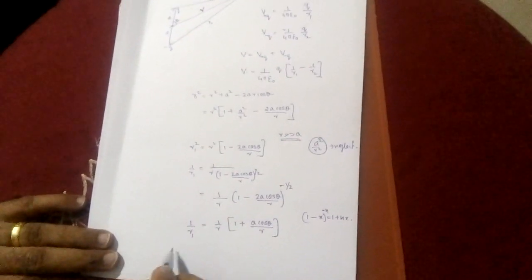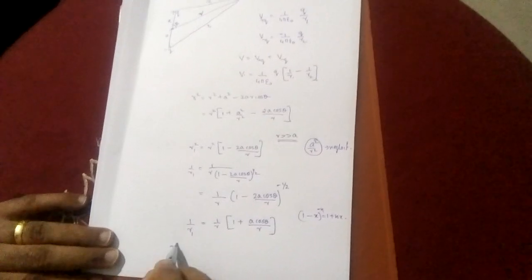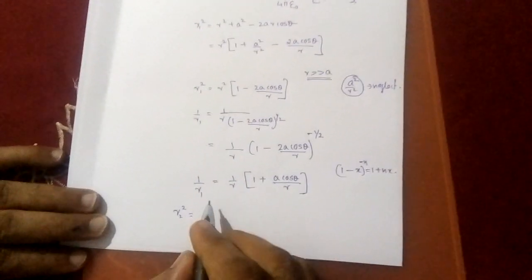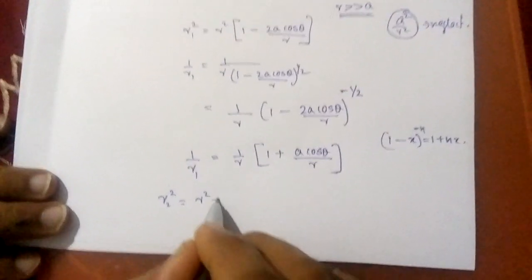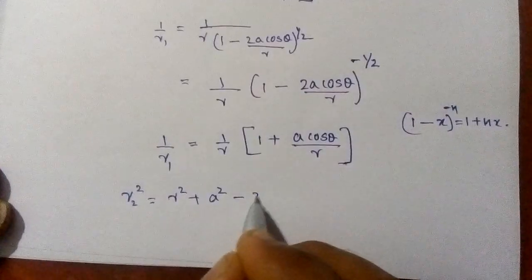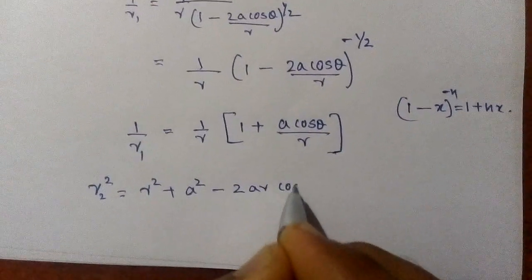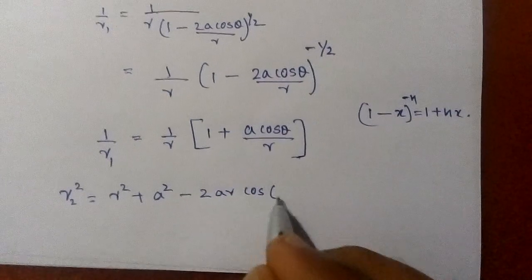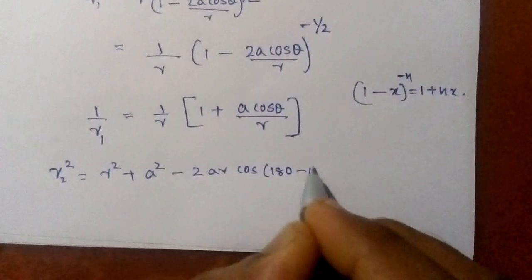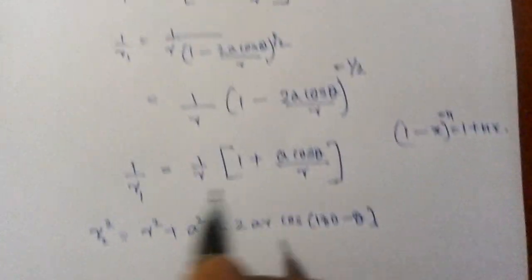Similarly, we can calculate the value of 1 by R2. There we use R2 squared is equal to R squared plus A squared minus 2AR cos theta, but here theta becomes 180 minus theta, because this is the angle we want to take.